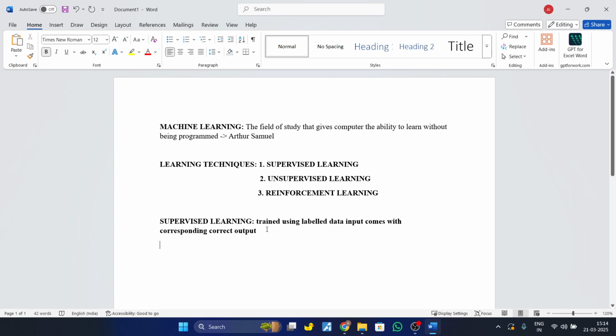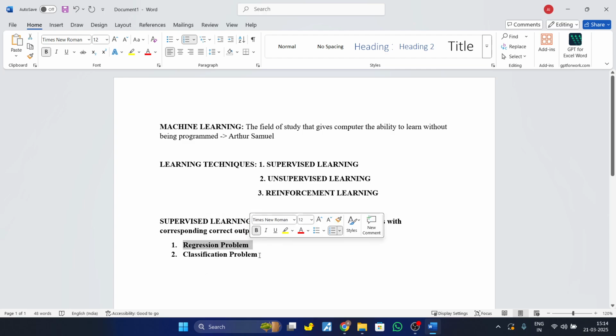So in supervised learning, you're going to try to solve two problems, that is the regression problem and the classification problem. The regression problem deals with prediction of some numerical aspect. In terms of our house price prediction, the output is going to be a price, a numerical value.